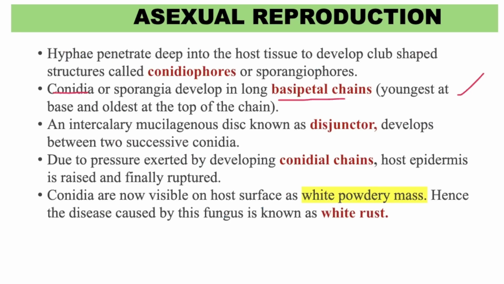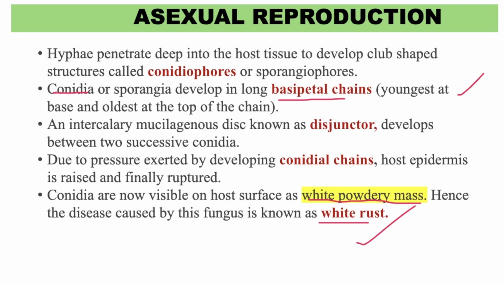Due to pressure exerted by the developing conidia chain, the host epidermis is raised and finally ruptured. And conidia are visible on the host surface, and what you will find are the white pustules or the white powdery mass, and this is the main symptom which we call white rust, right? So due to these conidia you will see this white rust, and these are formed in basipetal order.